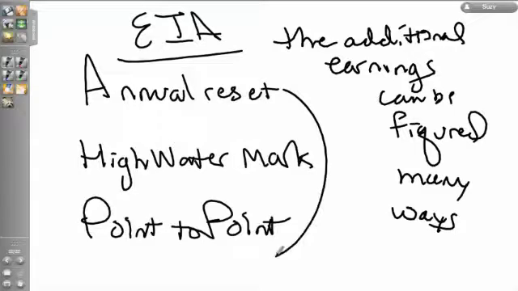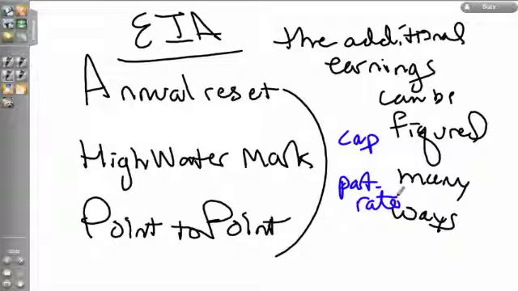Because there's a couple more terms that we're going to learn about here. Cap and participation rates. Okay, so I'm going to just put those out there for now. So these are the most common. How your insurance company does it, you'd have to really read about the product that you are offering.